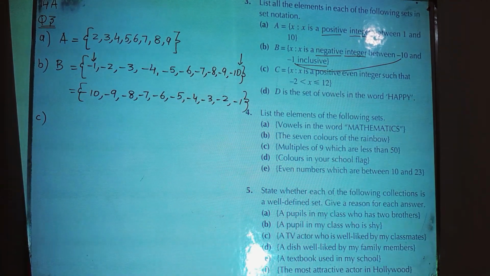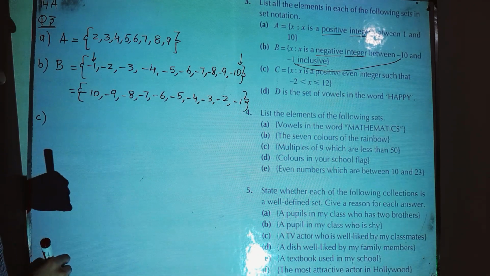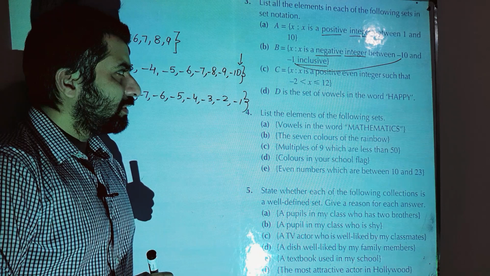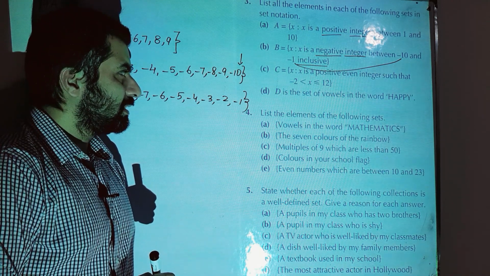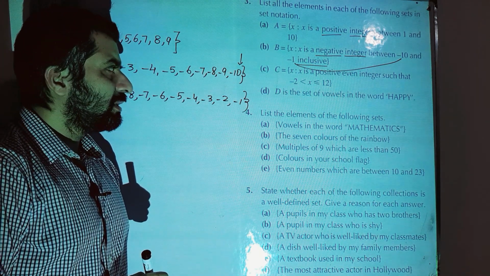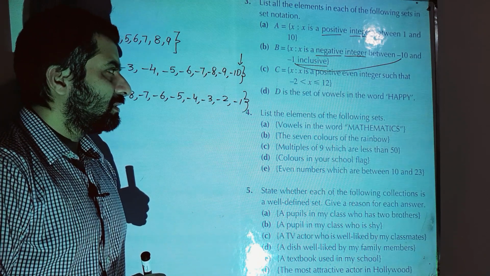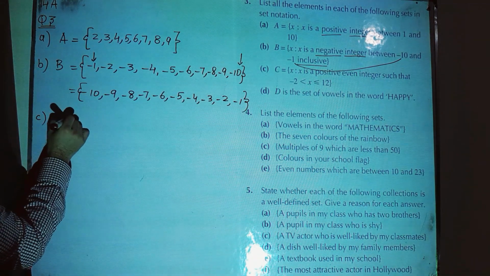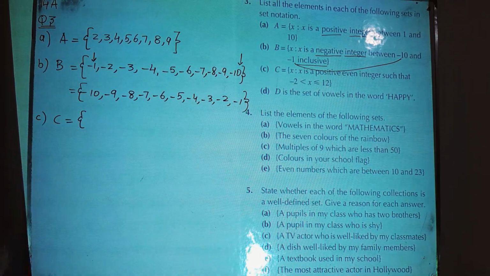Part C is a set of positive even integers such that x is greater than minus 2 and less than or equal to 12. Okay, so C is a set.